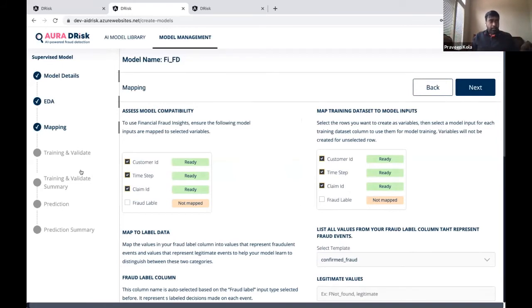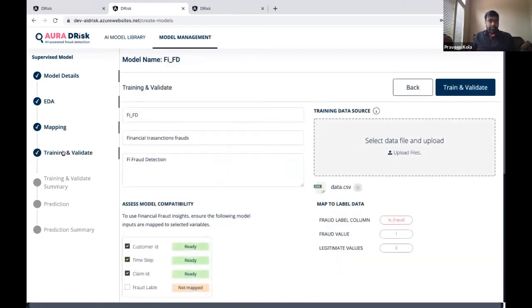The major difference with the supervised model is train and validate. You can train this AI model with your data in this console right away, in this app. You need not go to actual machine learning or data science platforms. You don't need a data scientist to do it.